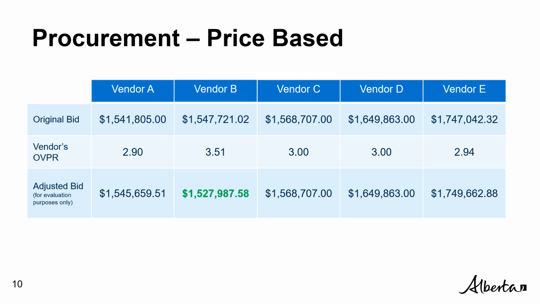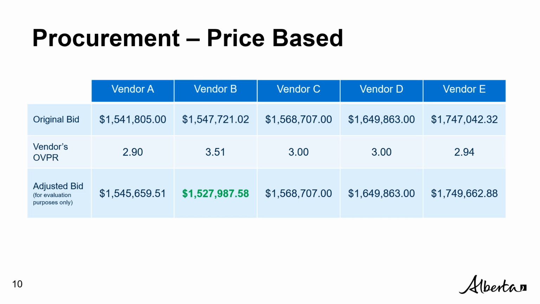So we see that vendor B is now the successful proponent of this procurement after receiving a positive adjustment of approximately 1.2%, dropping the original bid down nearly $20,000.